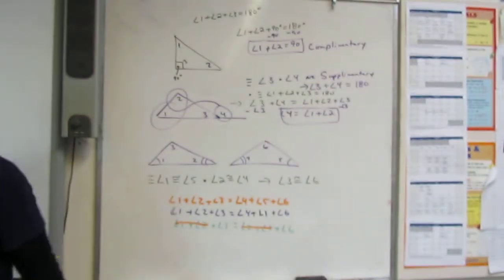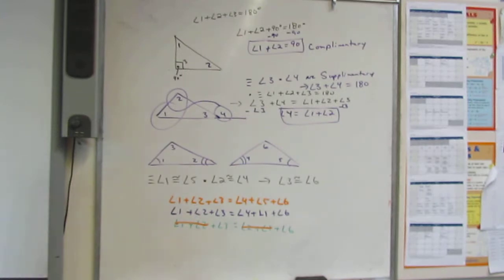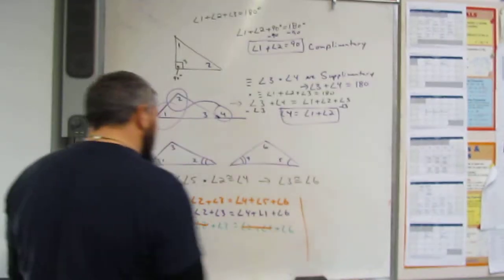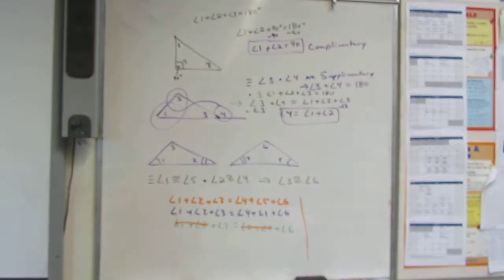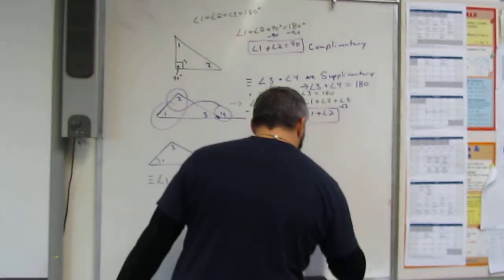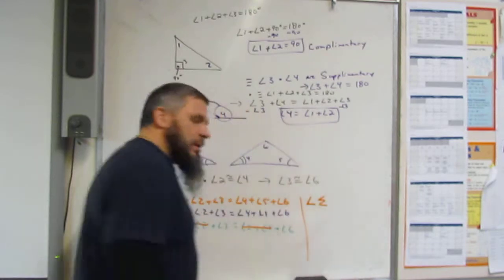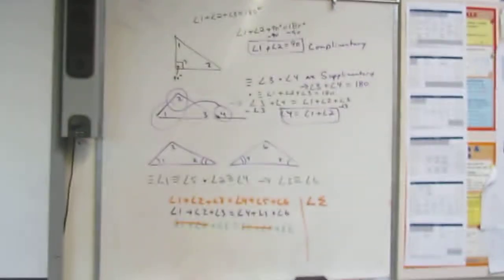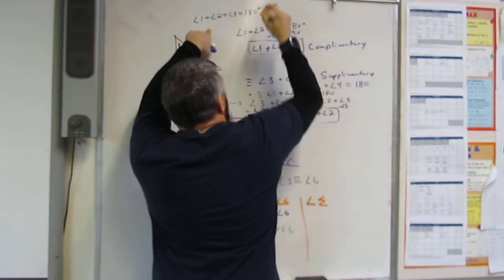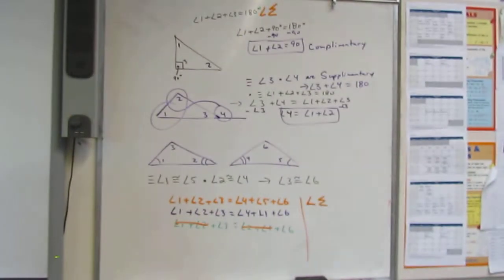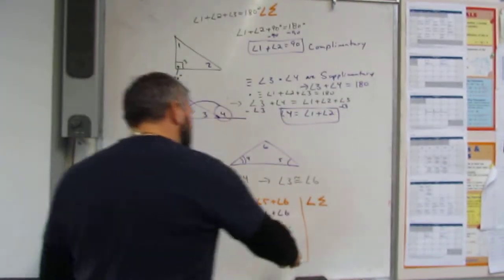So, we can use some things to explain this. Well, this is our angle sum, the angle sum theory. It means that they add up to be 180.